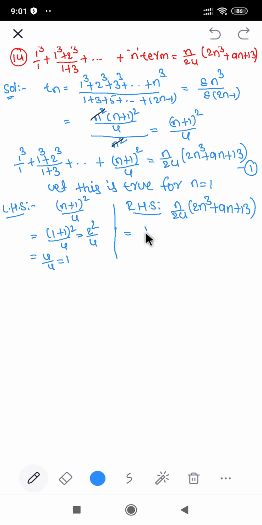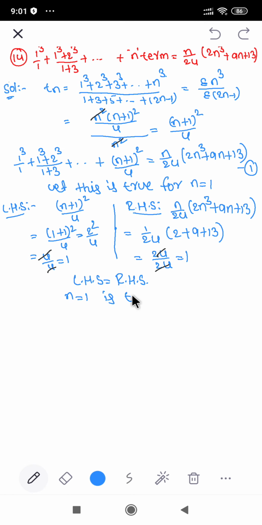Replace n value as 1: 1 by 24 into 2 plus 9 plus 13. 2 plus 9 is 11, 11 plus 13 is 24. 24 by 24 is equal to 1. Here we can cancel, here also we can cancel. Therefore LHS is equal to RHS. N is equal to 1 is true.